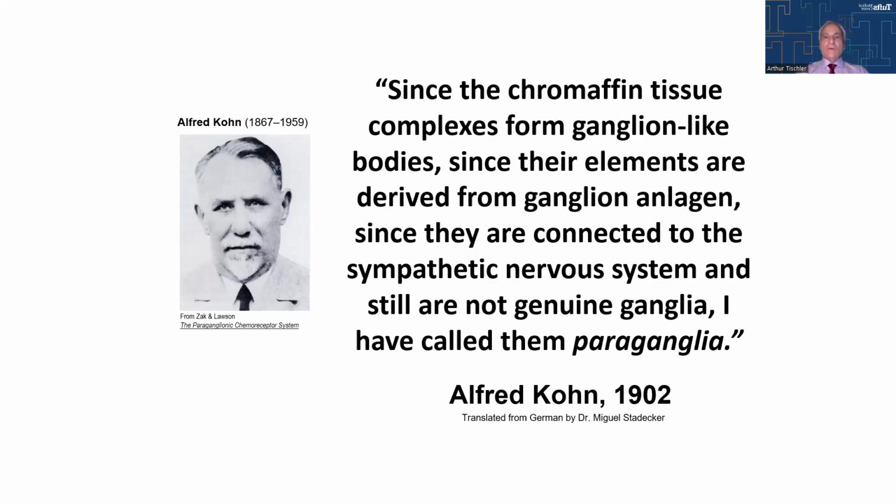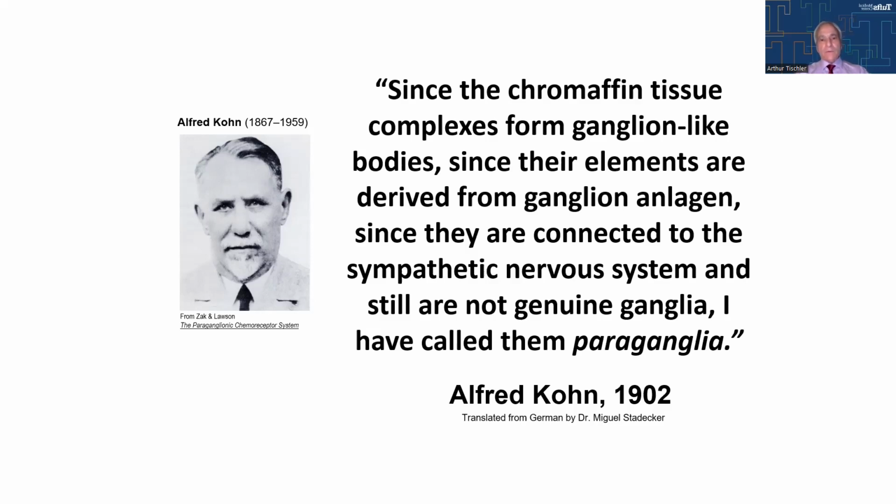He said, since the chromaffin tissue complexes form ganglion-like bodies, since their elements are derived from ganglion precursors, since they are connected to the sympathetic nervous system and still are not genuine ganglia, I have called them paraganglia. So the concept and the term of paraganglia are based not on proximity, but on analogy to sympathetic ganglia.